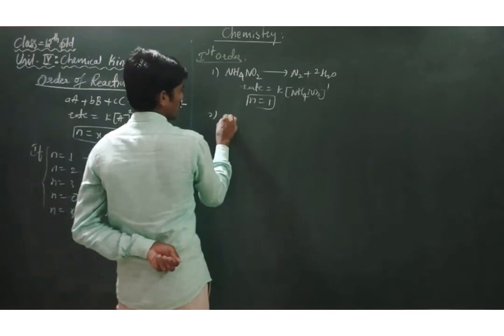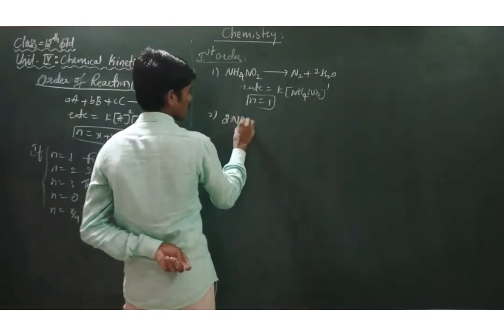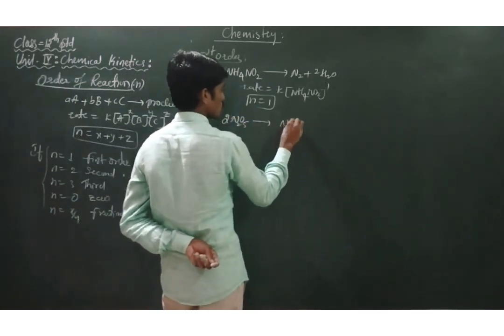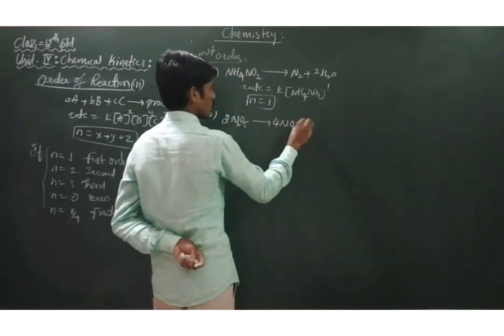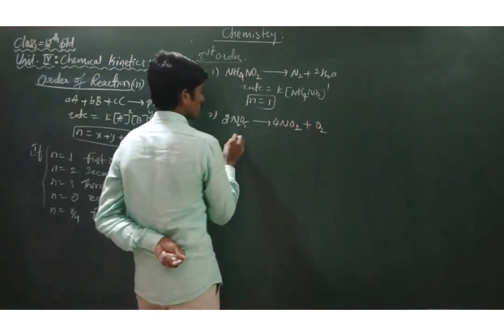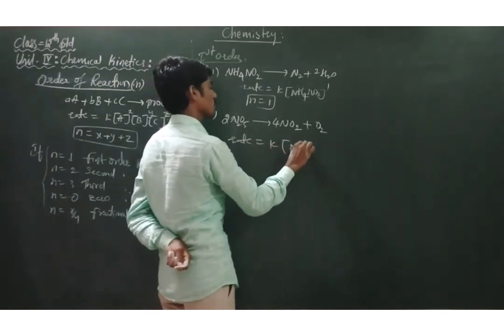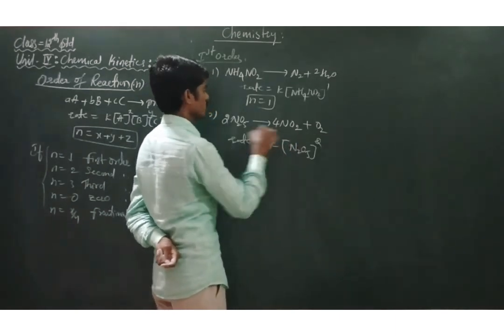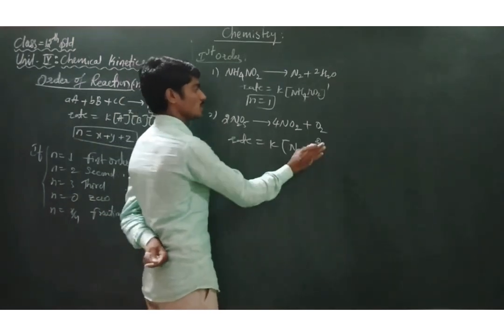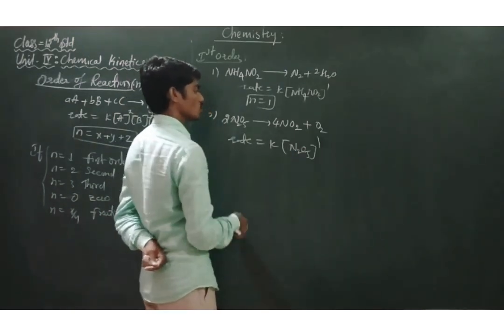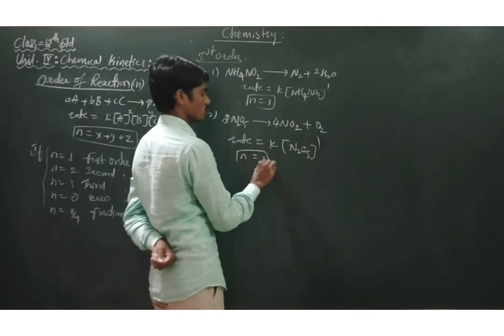Second one, decomposition of N2O5, nitrogen pentoxide, gives rise to 4NO2 plus O2. In this case, the rate of reaction is taken as experimentally determined. तो यहाँ पर 2 आते हैं. Stoichiometry देखें तो 2, but experimentally it suggests that it is equal to 1. Therefore order of reaction is equal to 1.